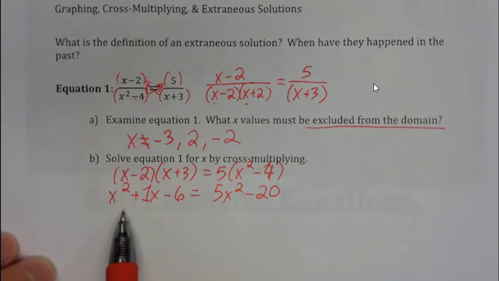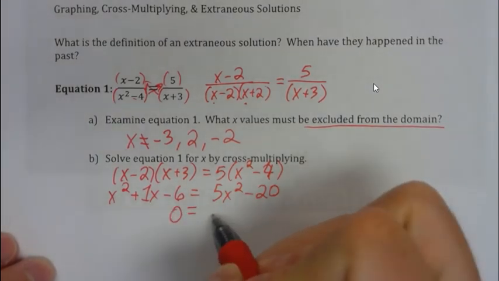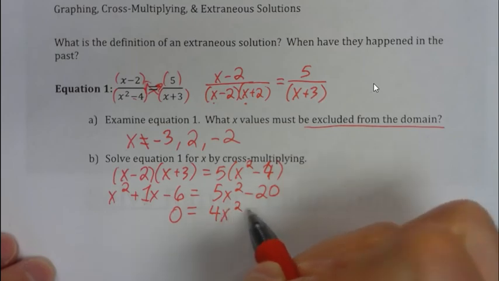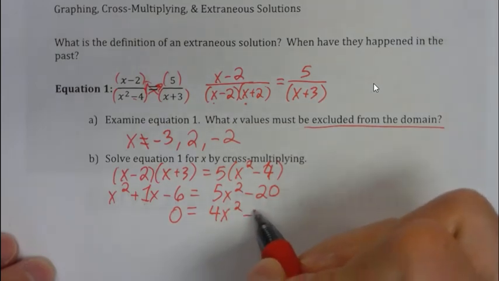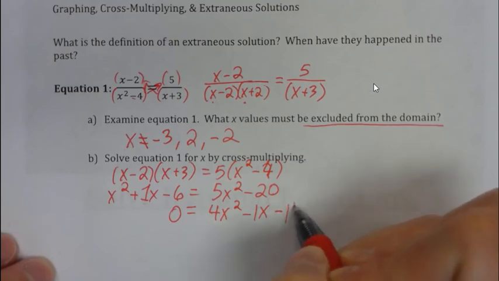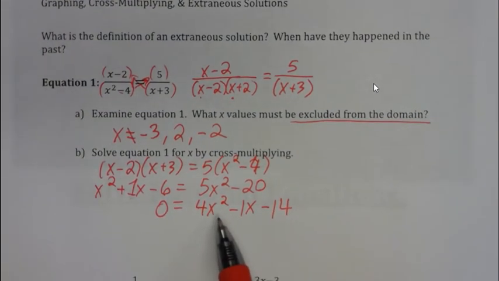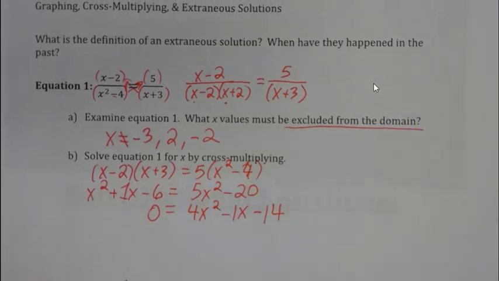So we're just going to move all three of these things to the right side. This would be a 0 now, and that would give us 4x squared minus 1x minus 14. Now we're going to try to solve this equation right here. We're going to do the quadratic formula real quick.